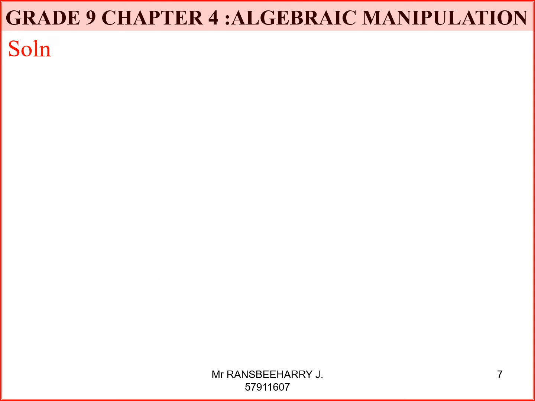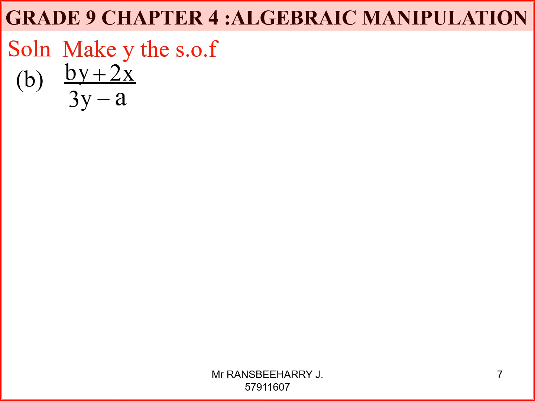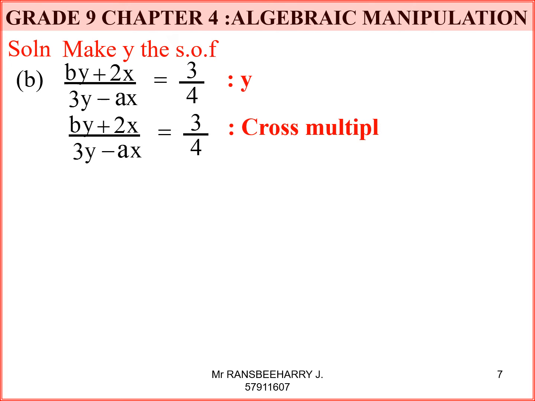Solution. Part B, required to make y subject of formula. So part B, by plus 2x over 3y minus ax is equal to 3/4.